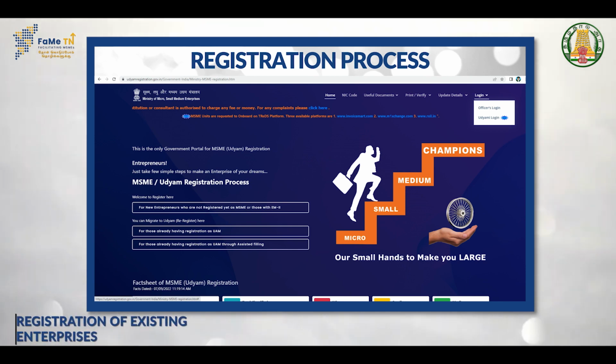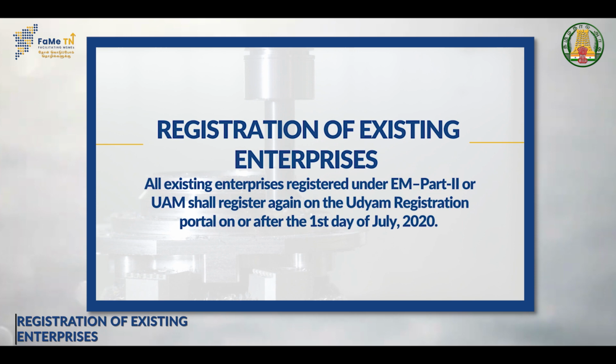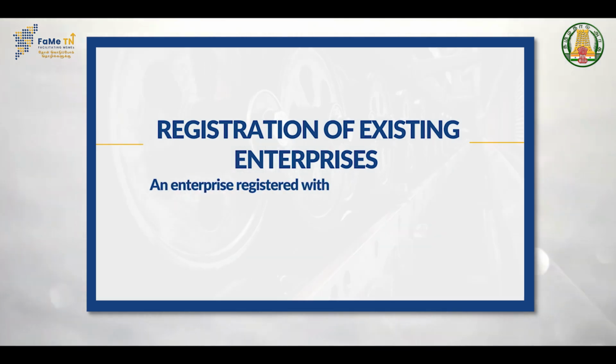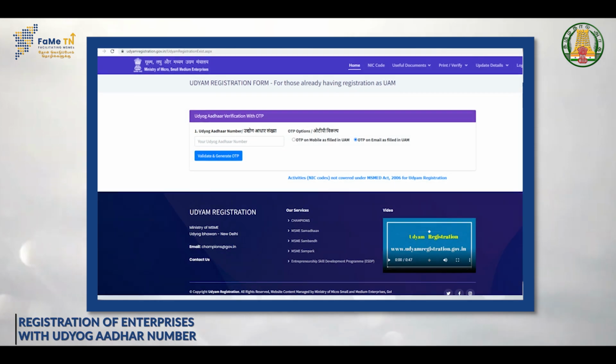Next is registration of existing entrepreneurs, those who have registered with UAM. As I told you earlier, before the 1st of July 2020, everybody registered in Udyog Aadhaar memorandum should register again from the Udyam registration portal. Once you click that tab, registration for enterprises with Udyog Aadhaar memorandum, the page will open like this.